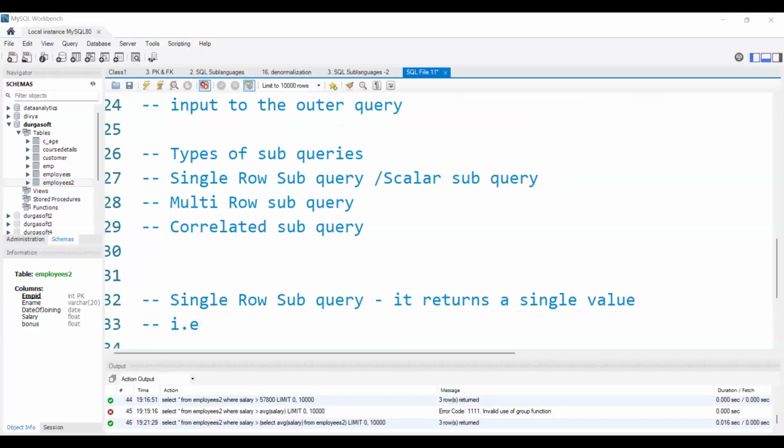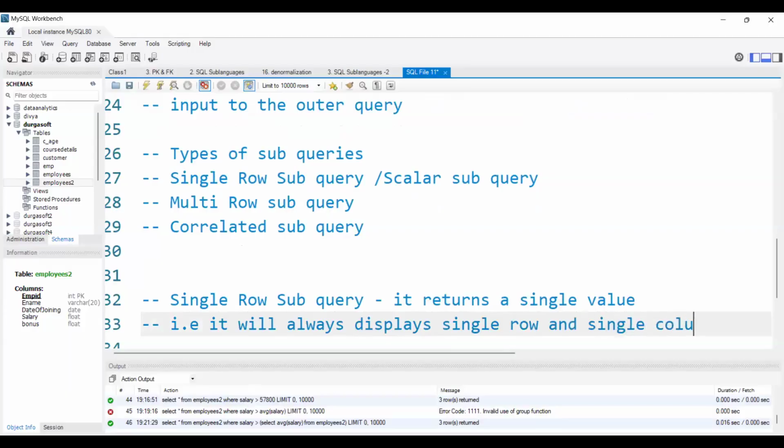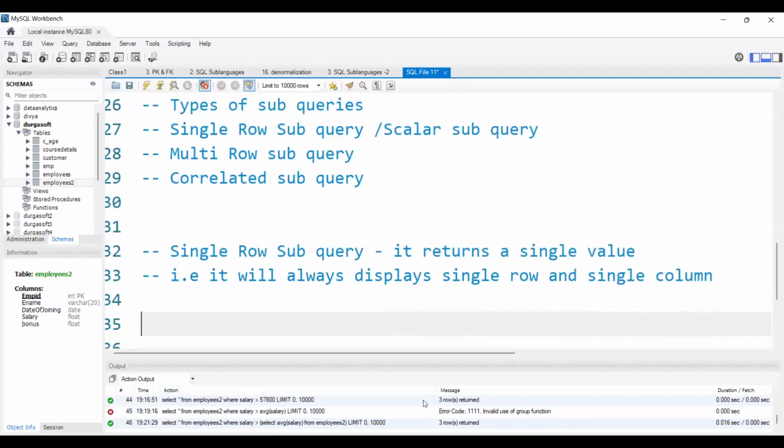Whenever we are solving a single row subquery, it will always display a single row and a single column. Whenever we solve single row subqueries, the output will always be a single row and single column. Now let's solve an example.